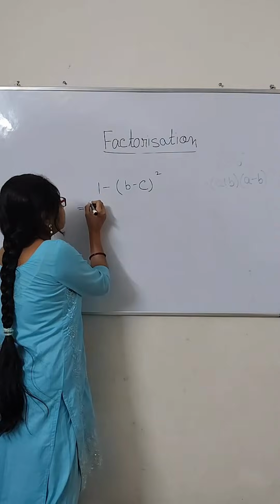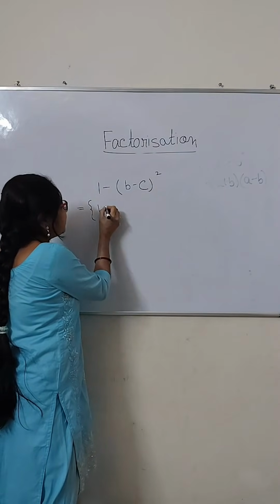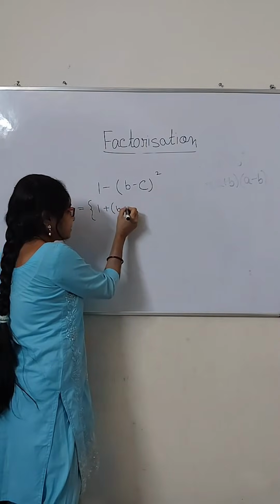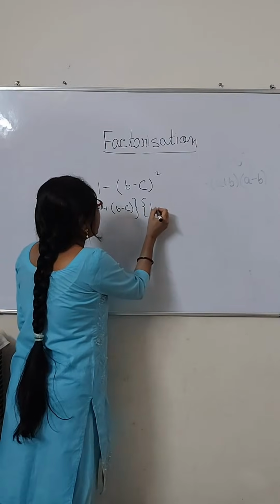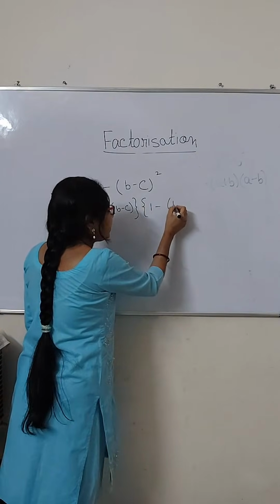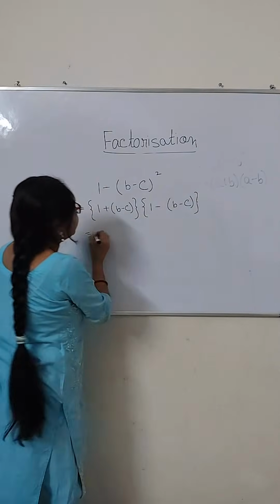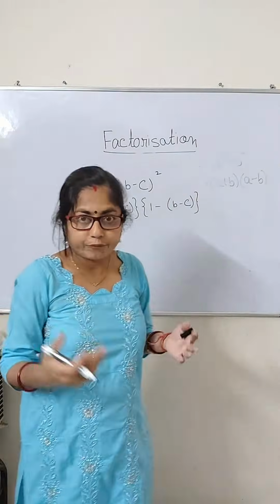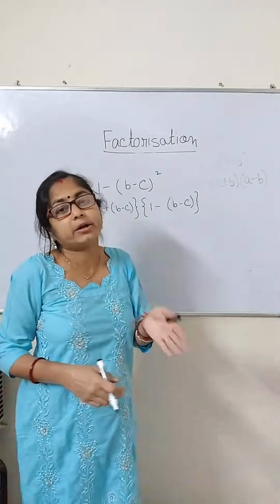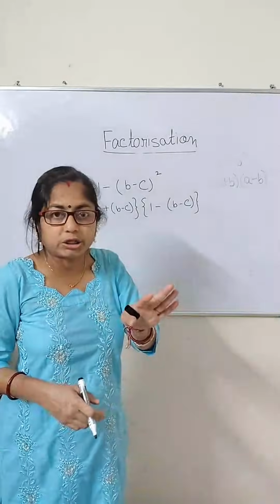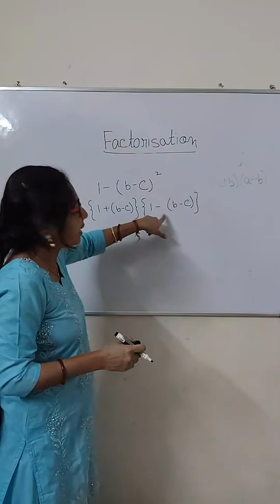You are writing a second bracket: 1 plus b minus c, then bracket close, 1 minus b minus c. Why do I write this? If you are confident, you can do this orally, but I am telling you according to the board rules, don't do that, because a plus b into a minus b.